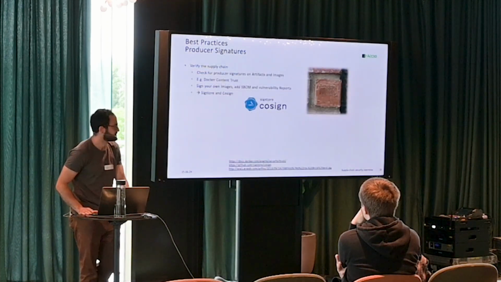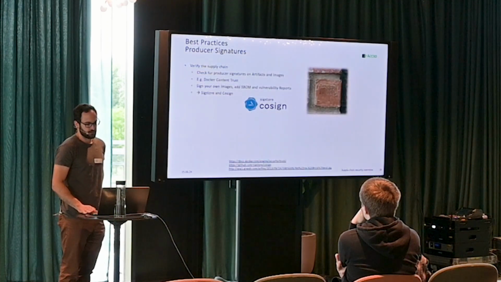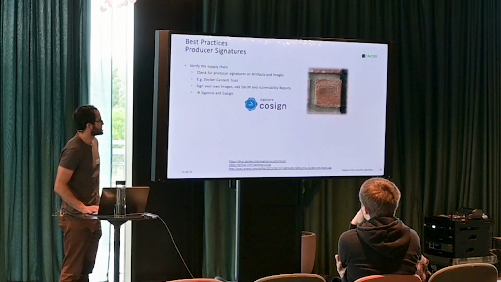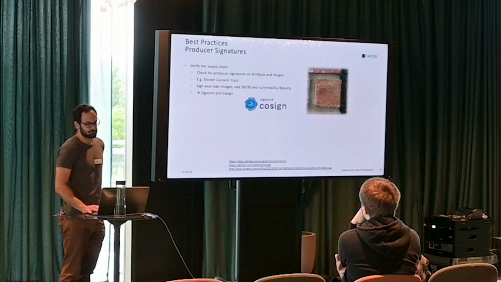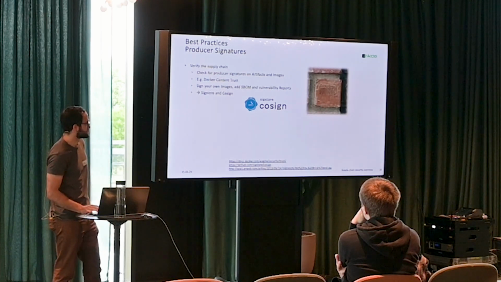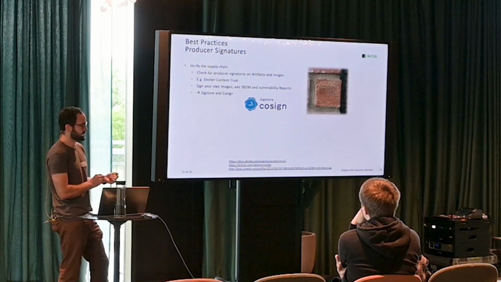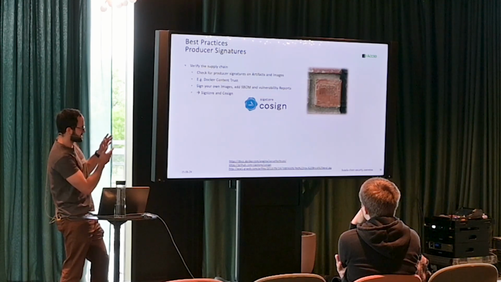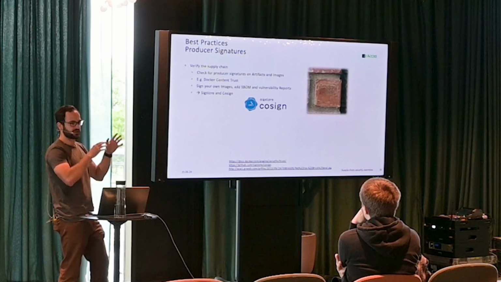What's popping up at the moment is producer signatures, or rather signatures of your artifacts and your images. One of the ways to do them is with Cosign or Sigstore. Cosign is part of Sigstore. If you go back to our example of the castle, it's made out of bricks.